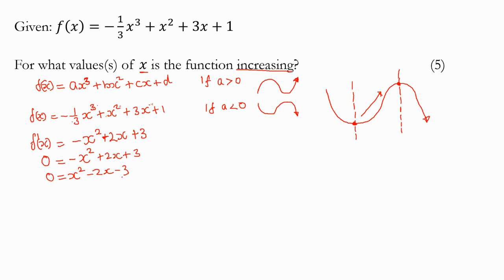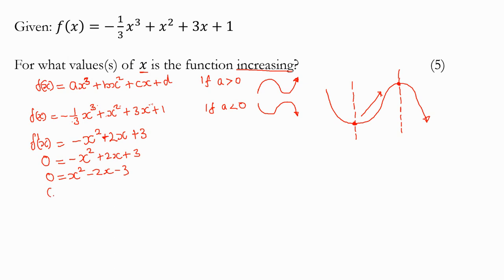We're looking for the factors of -3 that will give us -2 if we add them. That will be -3 plus 2. The negative in front of the 3 shows that one factor is negative and the other is positive, and the negative in front of the 2x shows that the bigger factor is the one which is negative. So it means it's -3 and +1.